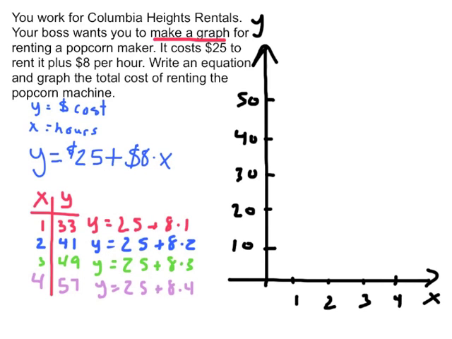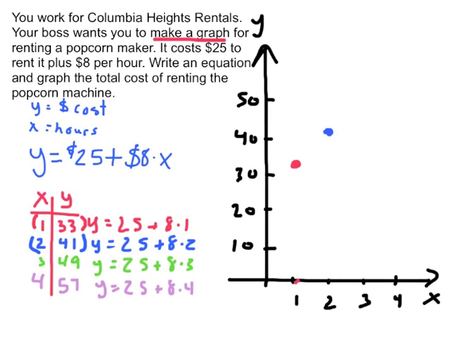Now we're ready to plot our points. We've got the point (1, 33). So I go to 1 and I go up until I get to about 33 and I put a point. Now I need to graph (2, 41). I go to 2, go straight up until I hit about 41 and I put my point.